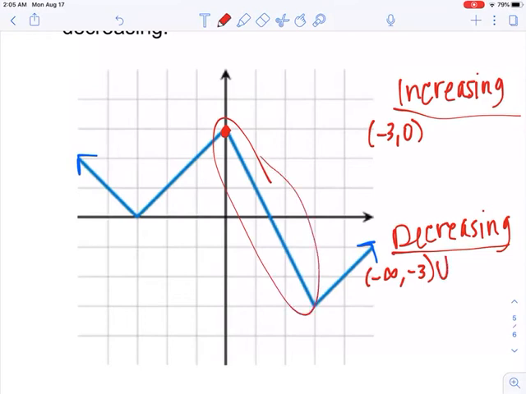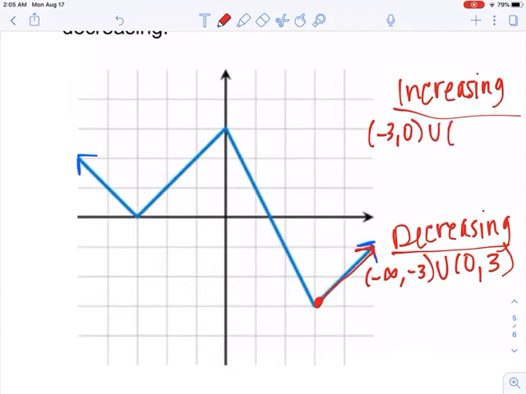So I'm going to union because I have another interval to write. From 0 to, it looks like this coordinate has an x value of 3. We are decreasing again. And then at 3, we change directions to increase. So from 3 to infinity, it looks like we are increasing.